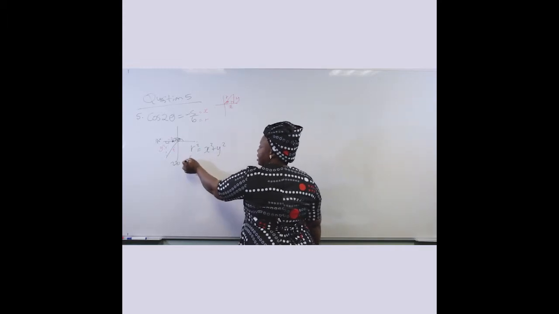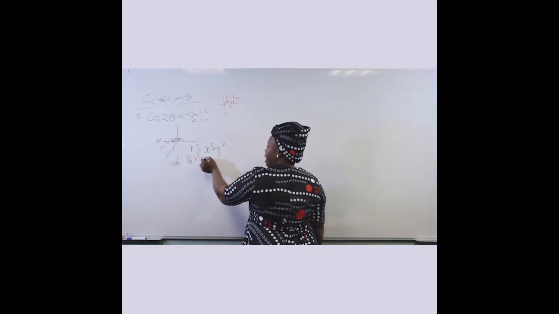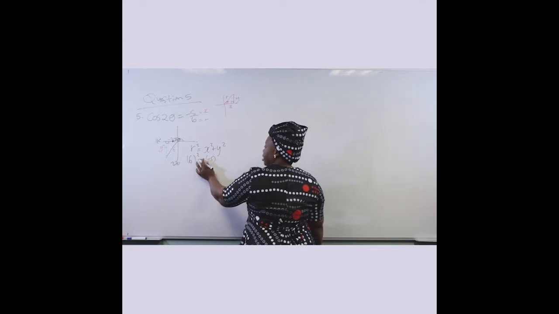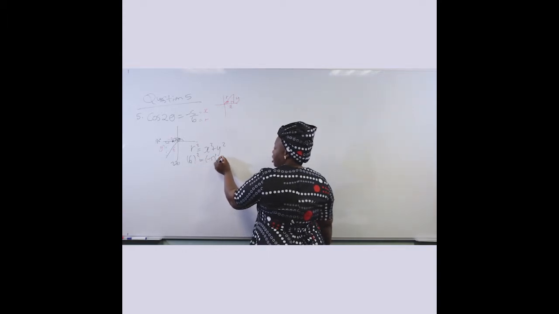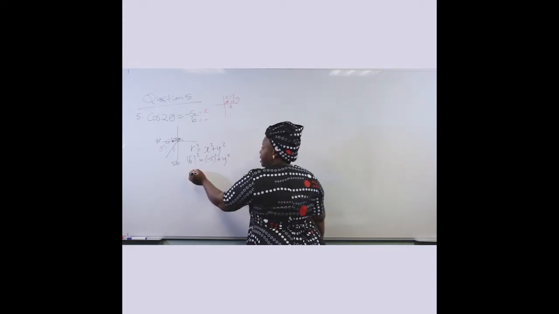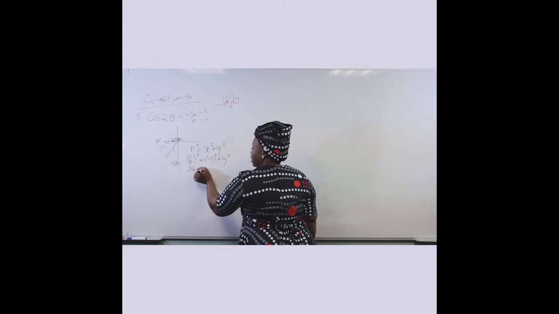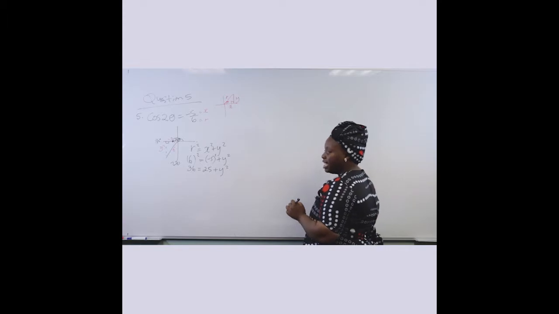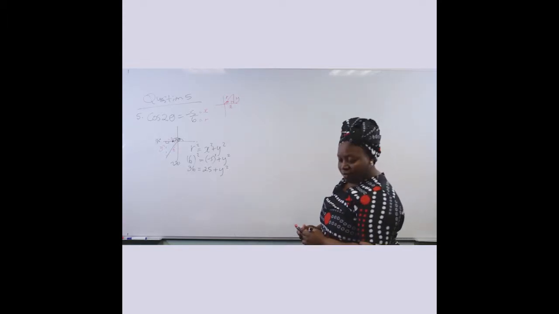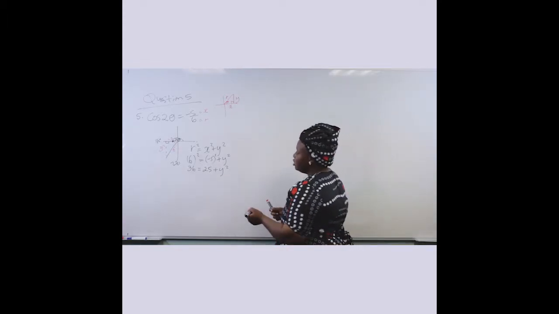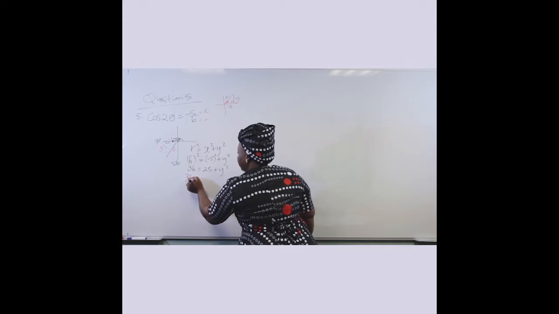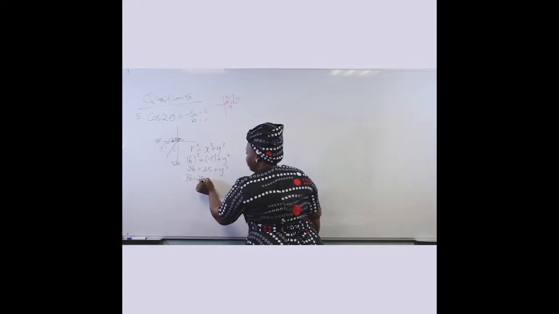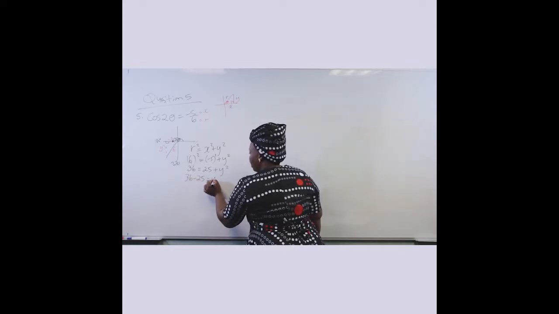So our r is 6 and our x is negative 5. This is equal to, and we are looking for y, 36 equals 25 plus y squared. So 36 minus 25 equals y squared.